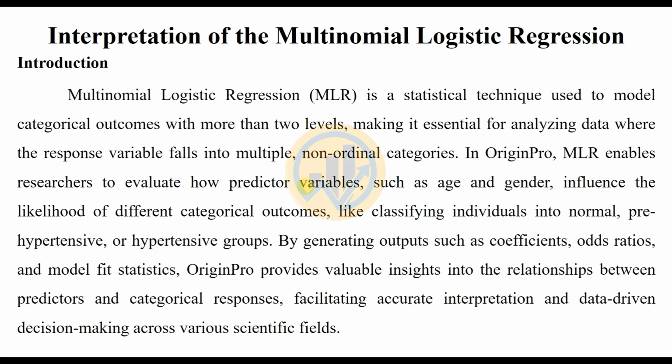In OriginPro, multinomial logistic regression enables researchers to evaluate how predictor variables such as age and gender influence the likelihood of different categorical outcomes, like classifying individuals into normal, pre-hypertension or hypertension groups, by generating outputs such as coefficients, odds ratio, and model fit statistics.